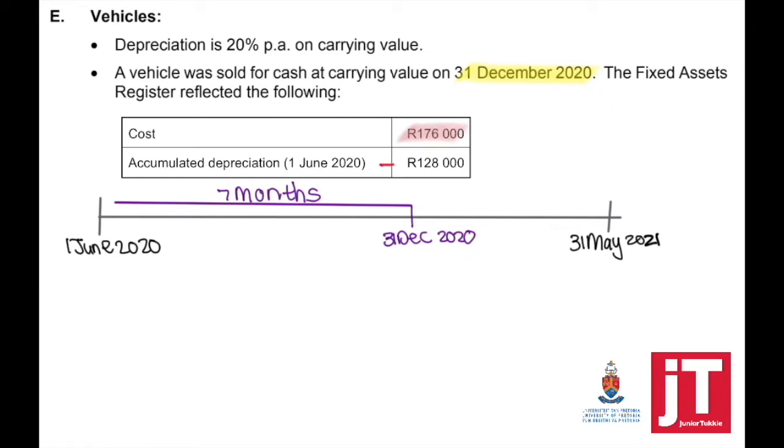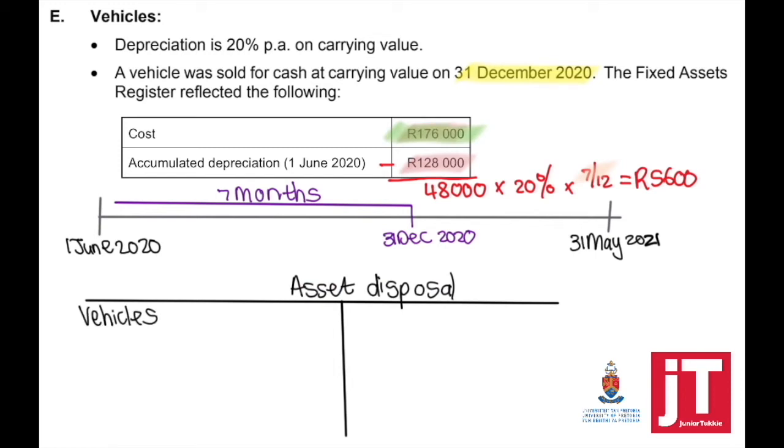So cost minus accumulated equals the book value times 20% and very important, times 7 divided by 12. So the total depreciation is 5,600.